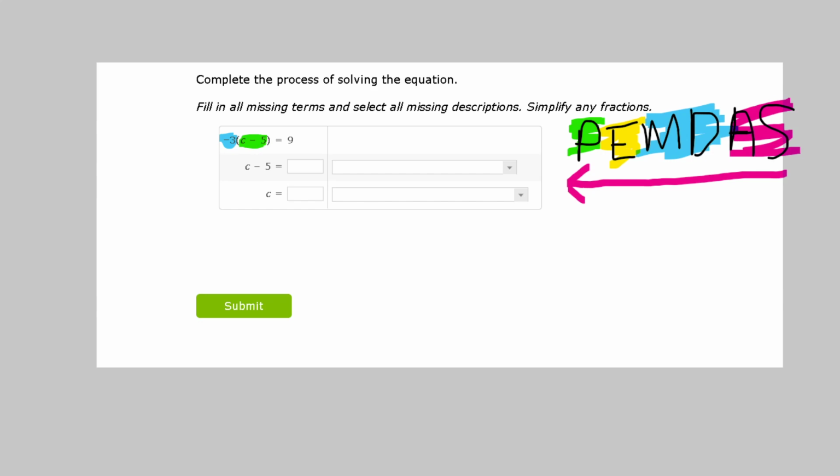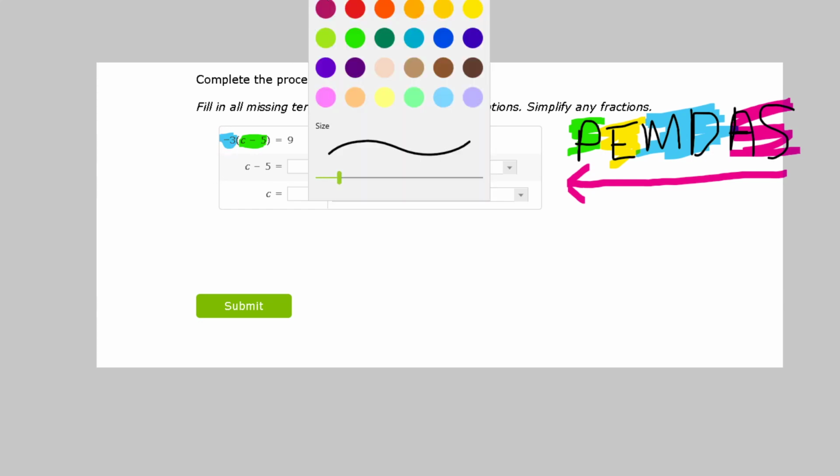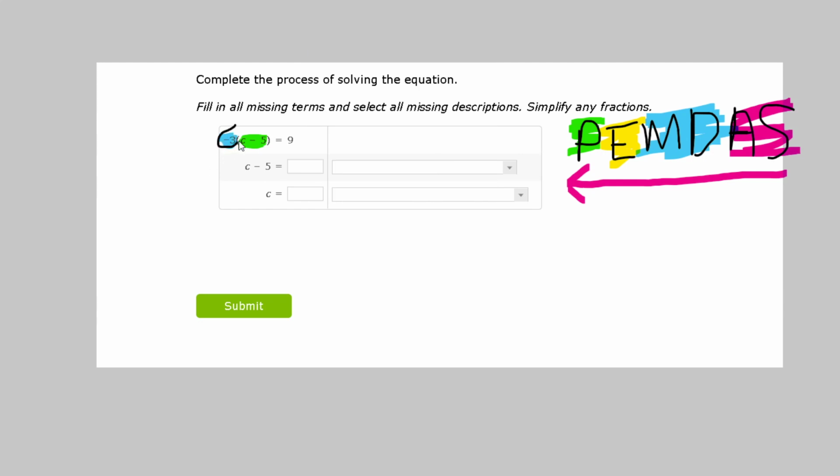So the first step we're going to do here is, well, we're multiplying negative 3 on this side. So since we're multiplying, we need to do the opposite of multiply. We need to divide this side by negative 3. So we divide by negative 3 over here.